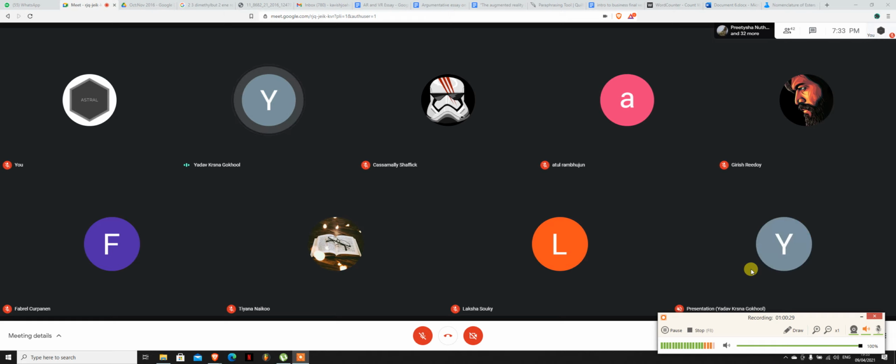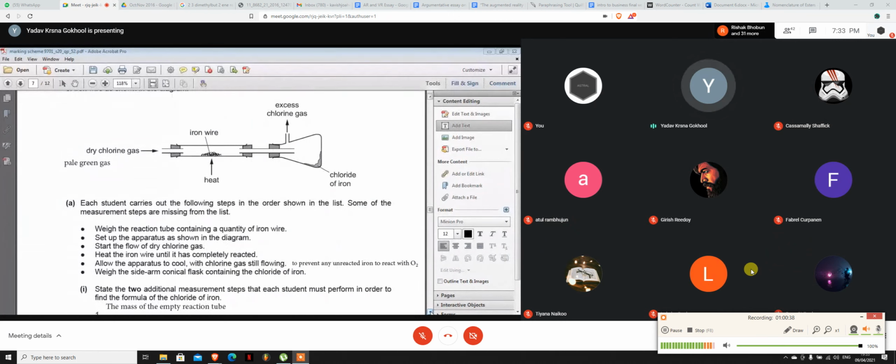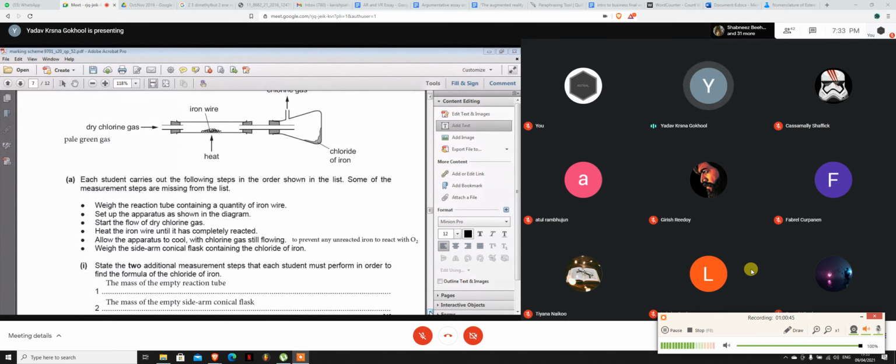So you see, you have iron wire. You're passing chlorine through it, heating it until all has completely reacted. Allow the apparatus to cool while chlorine gas is still flowing, because if we have any unreacted iron, it is going to react with oxygen as we're allowing it to cool. Remember, air is flowing. And then we weigh the sidearm conical flask containing the chloride of iron.